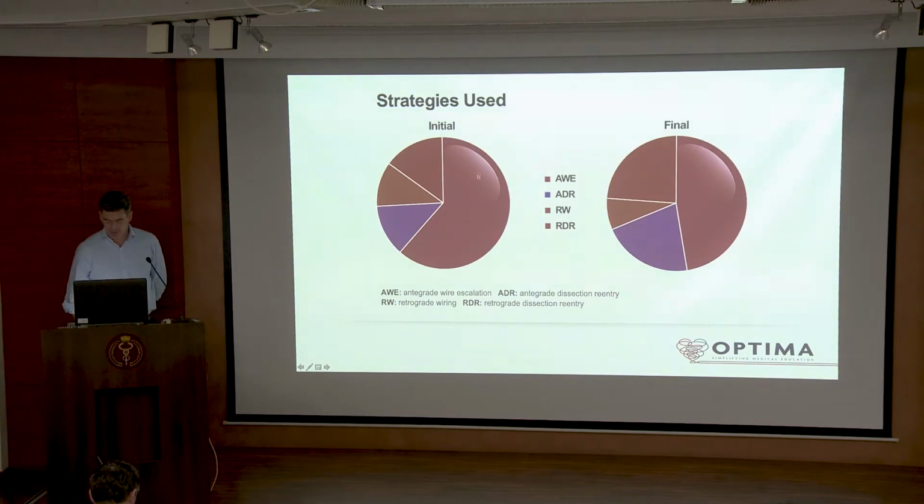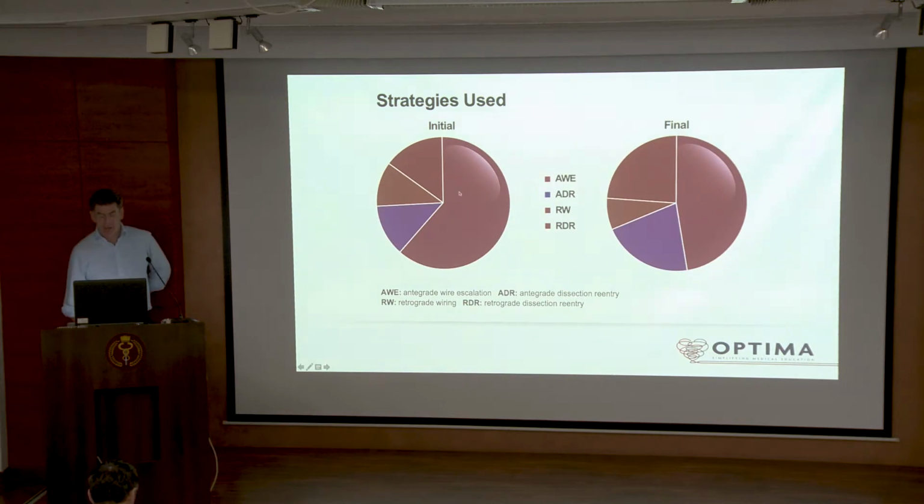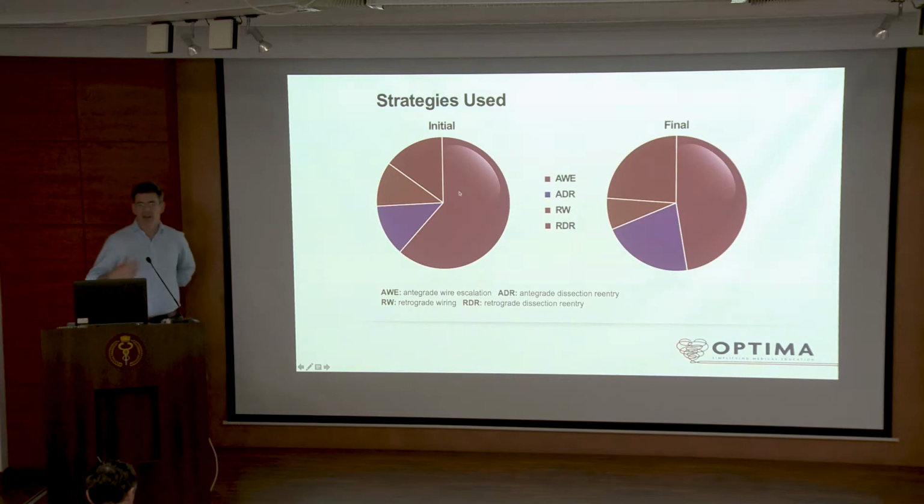This is really a split between this large block here, which is what most people were doing in CTOs before CTOs became a thing again: antegrade wire escalation. And then what was introduced was retrograde, and the fundamentals of retrograde were being learned around 10 years ago.